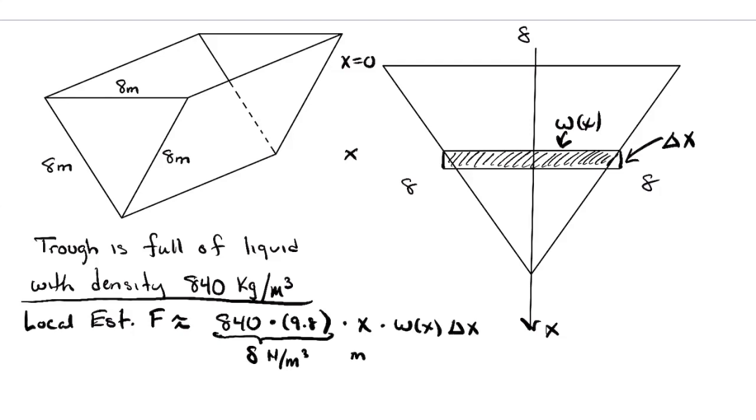So in the book's notation, let me move my label, this x is our d, and the W of x times dx is our A. That's in meters and meters squared. So you can check dimensionally that product is giving us newtons. Newtons per cubic meter times meters squared is newtons. And that's giving us the form of this integral.